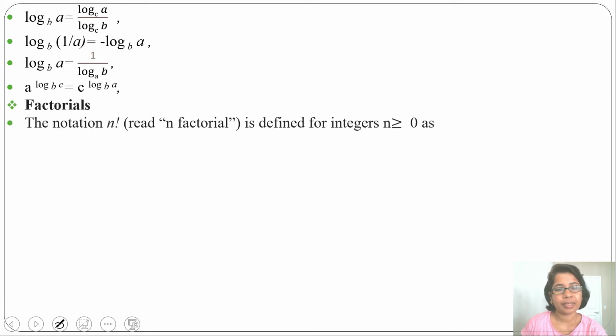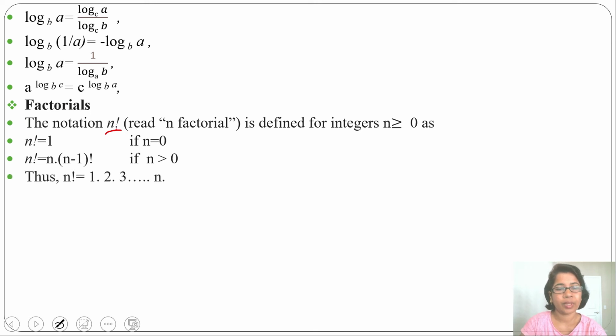Next is factorials. The notation n!, it is read as n factorial, and it is defined by this recursive function: n factorial equals 1 if n equals 0, and n factorial equals n multiplication (n minus 1) factorial if n greater than 0. So we can say n factorial equals 1 multiplication 2 multiplication 3 up to n.